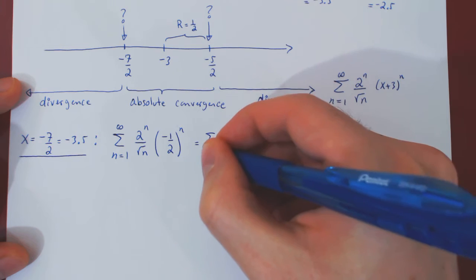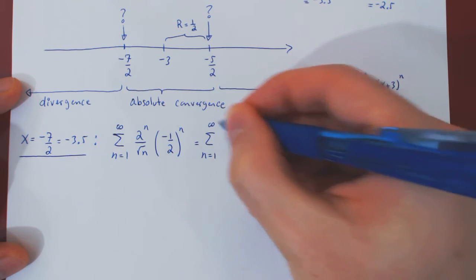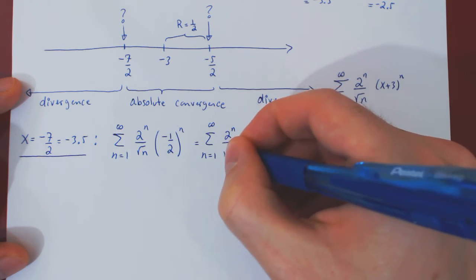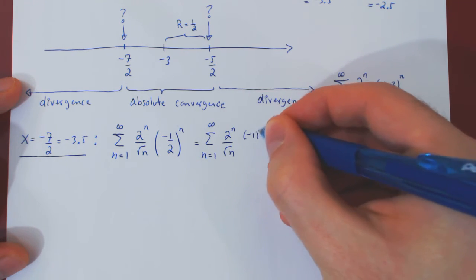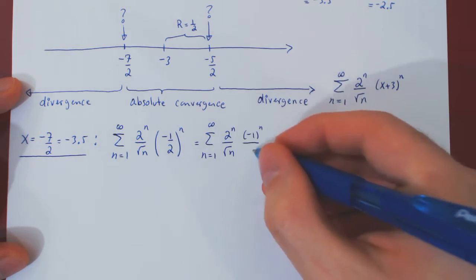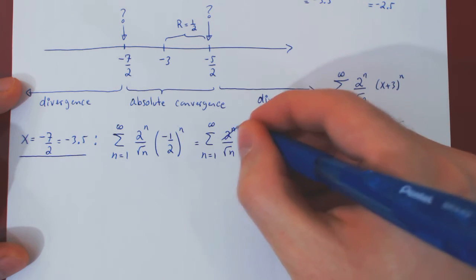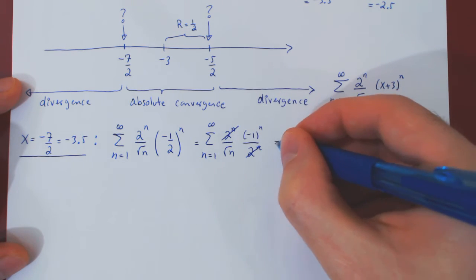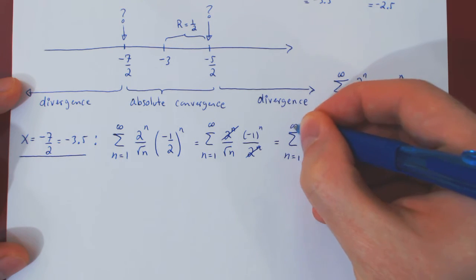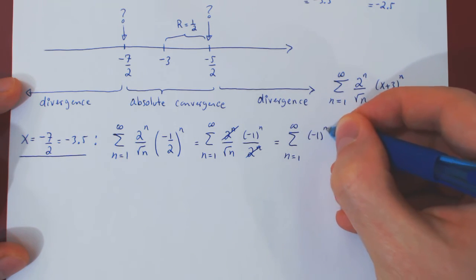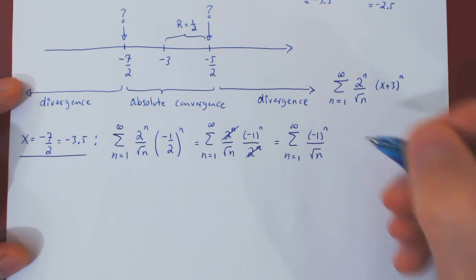Let's simplify. Negative 1 to the n, negative 1 to the n, 2 to the n. We can cancel the 2 to the n over itself, and we're left with a very simple series. Negative 1 to the n over the square root of n.